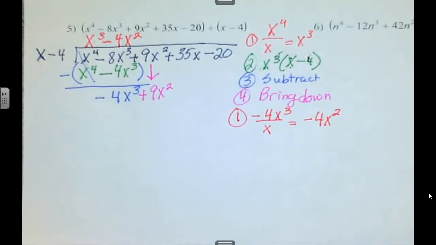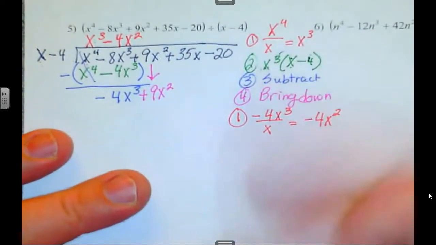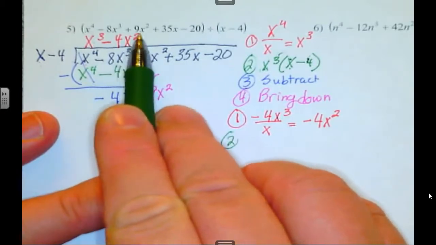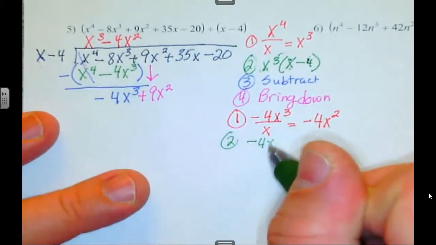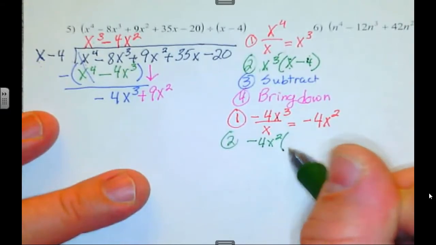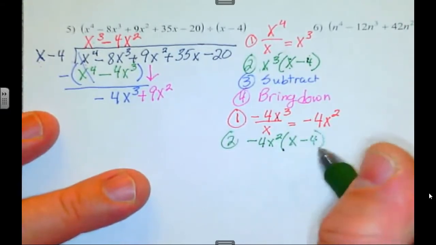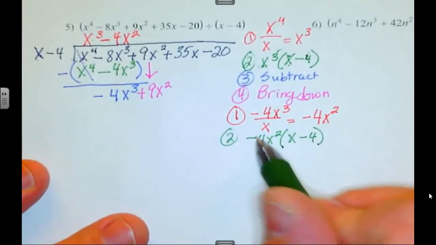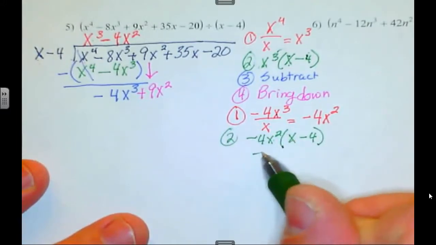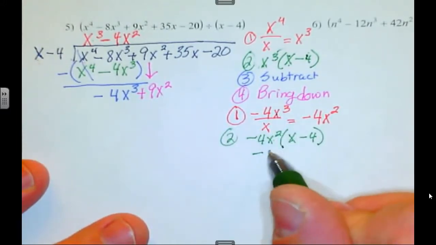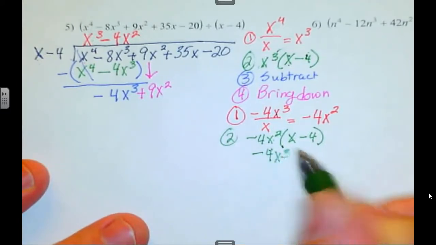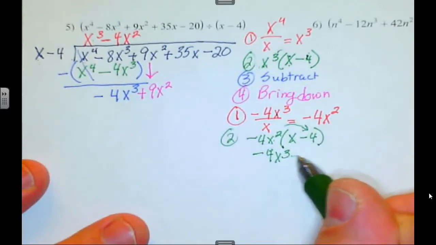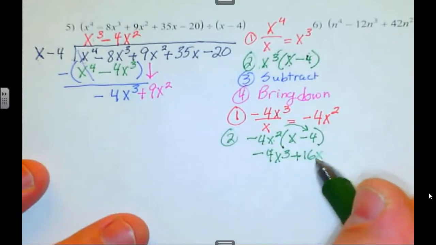All right. So I got to multiply now, right? So I'm going to multiply minus 4x squared times my divisor, x minus 4. Let me add a step here. I'll actually do the distribution, okay? Negative 4x squared times x is negative 4x cubed. Negative 4x squared times minus 4 is a positive 16x squared.